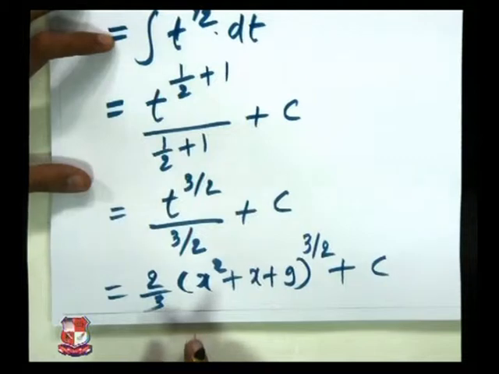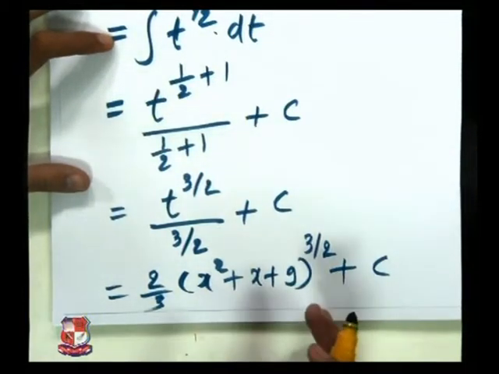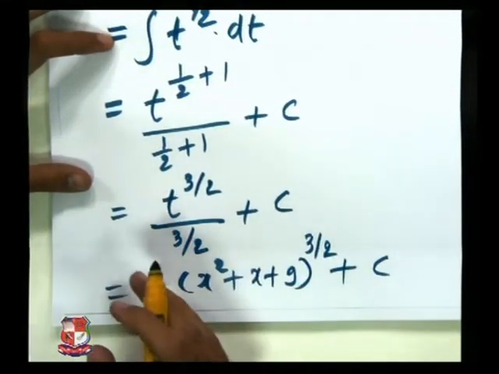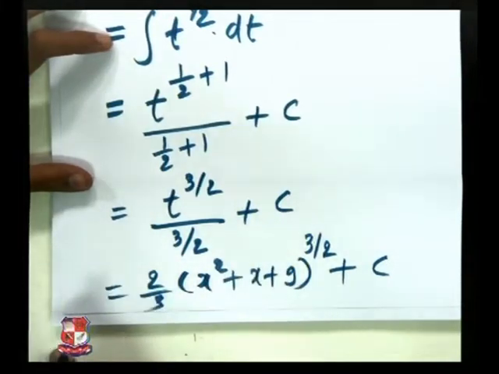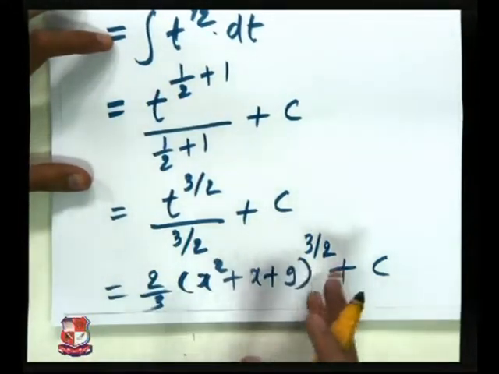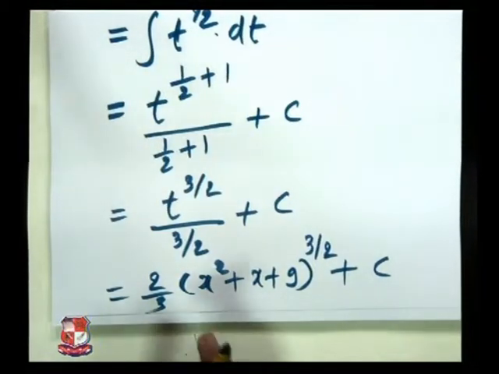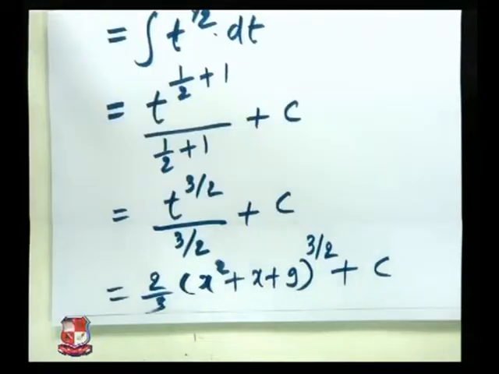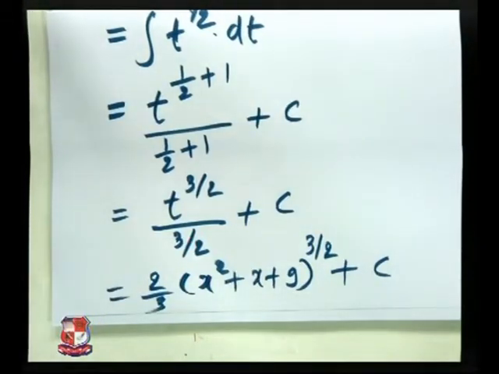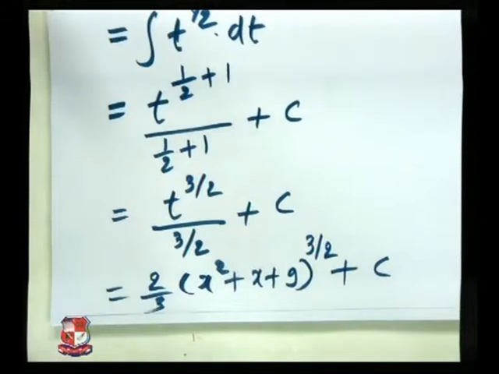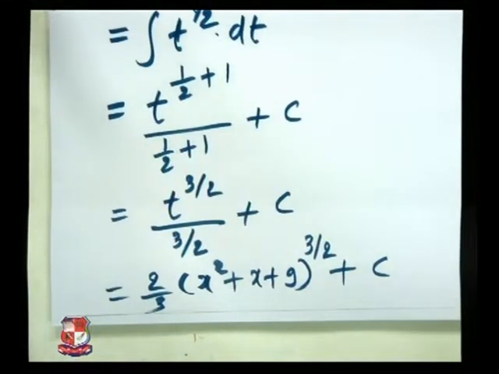As we have solved this example before using another method, the answer will be the same, 2/3 x square plus x plus 9 raised to 3/2 plus c. So in this way we can solve this example directly by the method of substitution. Okay, so this is the solution of example number 3 of question 5a.